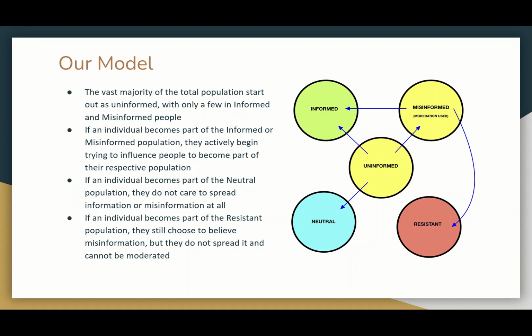If a person becomes part of the neutral group, it means that they've been exposed to the information or misinformation and don't care to spread it. So they're not actively spreading misinformation or information for that matter. The resistant group is our 5th compartment that describes people in the misinformed group who have had moderation used on them, and then they start using things like code words or other websites to continue to believe and talk about this misinformation.